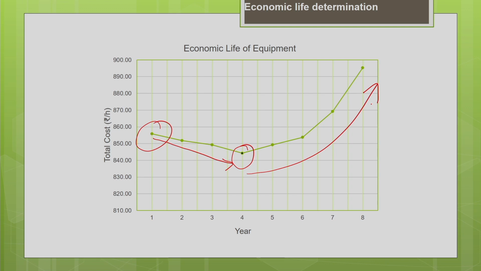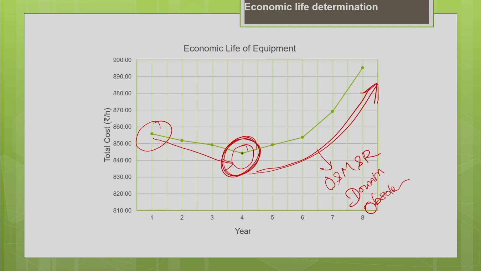Why this significant increase? It is mainly due to the increase in the operating cost, the maintenance and repair cost, your downtime cost, your obsolescence cost; everything is increasing significantly. That is why there is a significant increase in cost with the increase in age of the machine. It is better to replace the machine at the end of the fourth year. So the economic life for this machine is the fourth year.